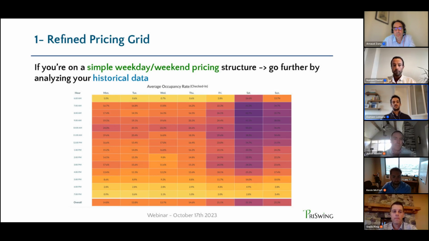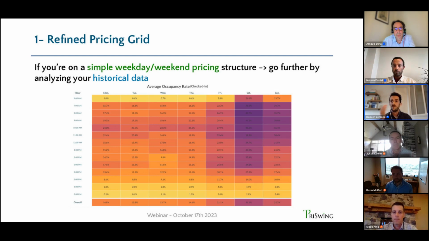Here, if you are currently on a simple weekday-weekend pricing structure, you can go further by first analyzing your historical data and checking your occupancy rates per day of week, per hour, and also per month, to check if your demand is actually matching your current pricing grid.